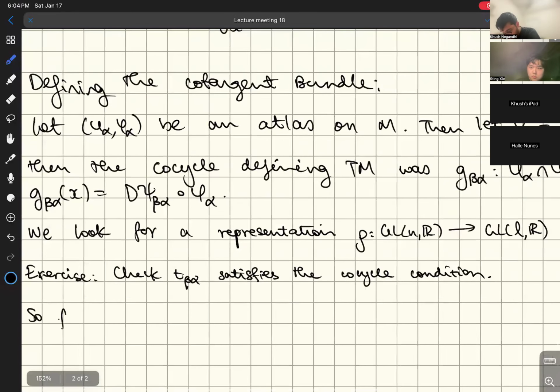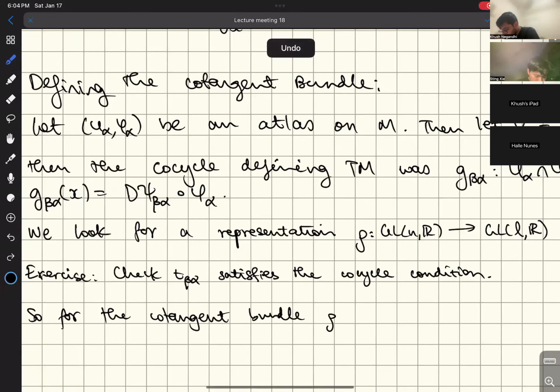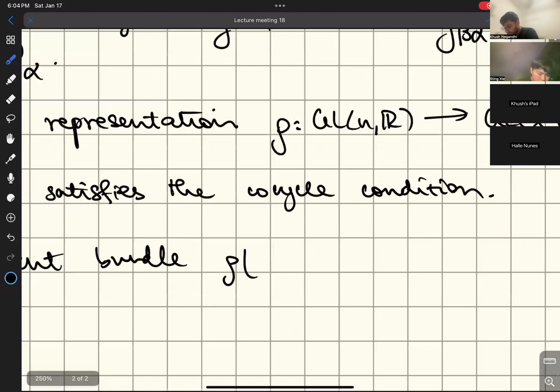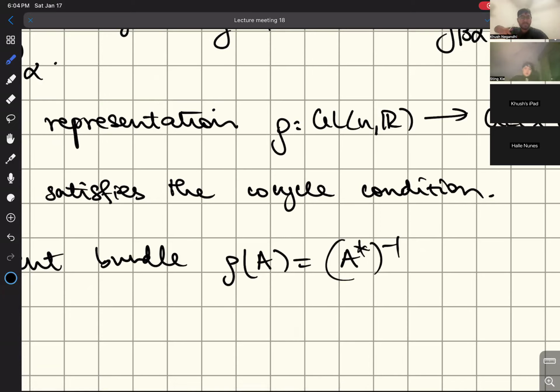So for the cotangent bundle, rho of A is going to be the dual inverse. Because remember, we have to dualize, but then for it to be a representation, we have to take the inverse. Okay.